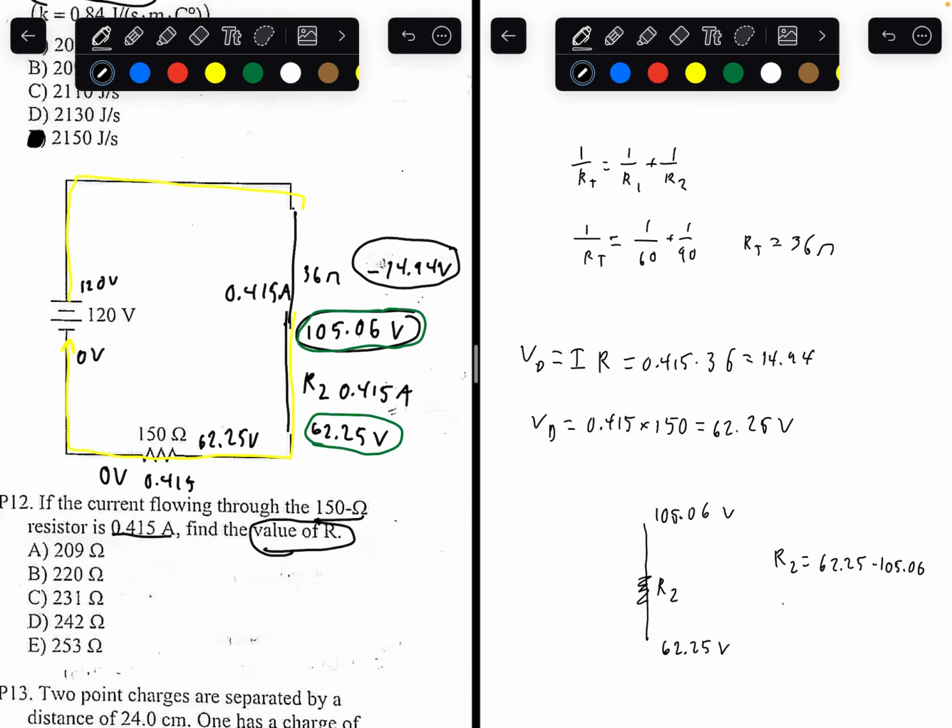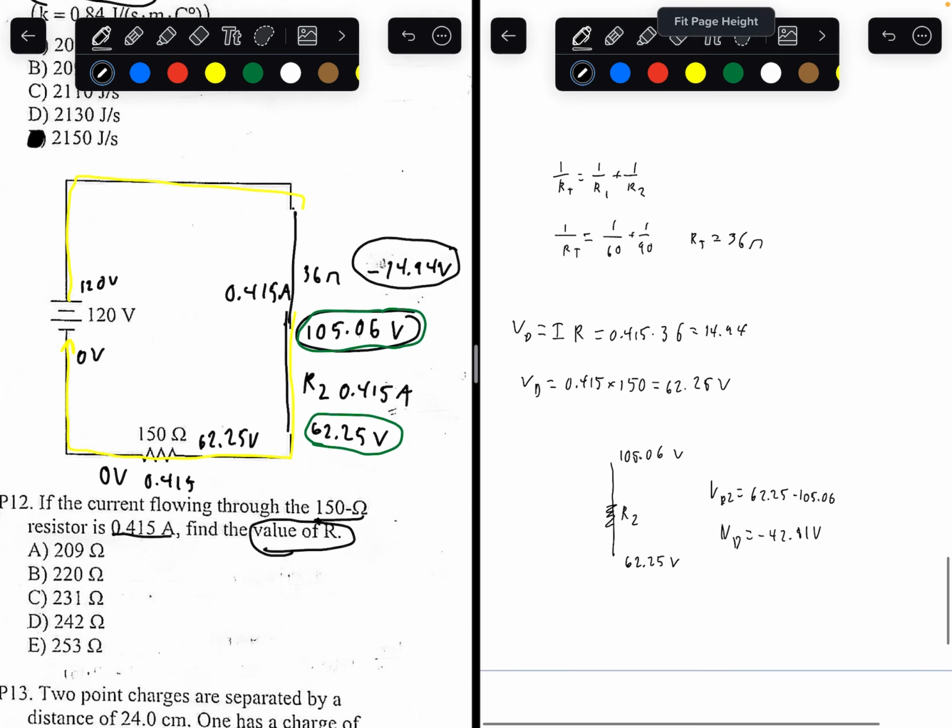That's the voltage drop of the second resistor. So the voltage drop would be equal to negative 42.81 volts. So that's how much voltage the second resistor absorbed. Using the formula V equals IR, voltage equals current times resistance.